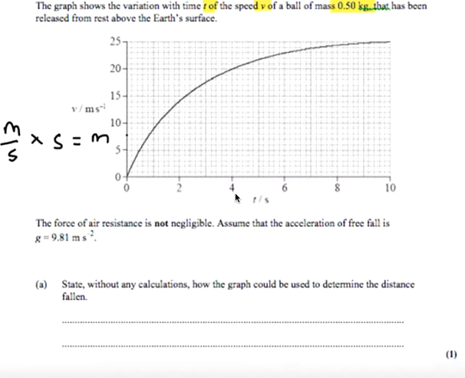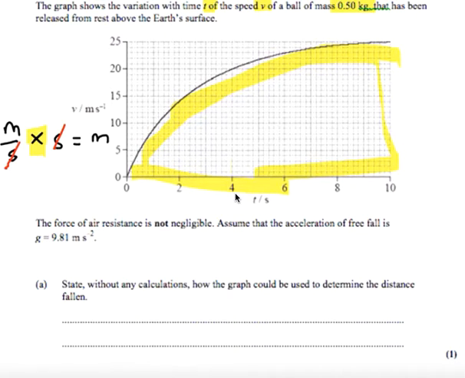We've seen before that we can multiply meters per second by seconds to cancel the seconds and leave meters. And that gives us our hint, multiplication. So what we're doing is we're multiplying velocity and time, and when you multiply a height and a width, that gives you an area. So what we're looking for is the area under the curve.